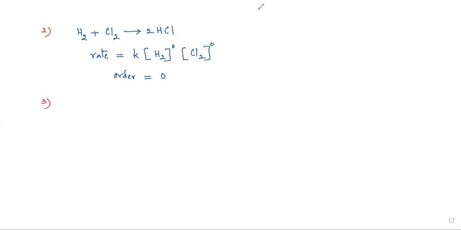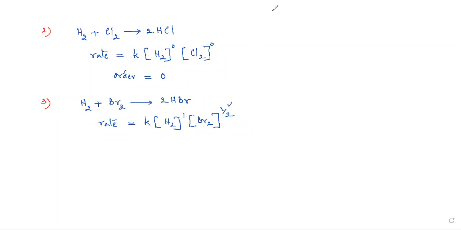Now let me go for the next one. This is much more interesting. For this, the rate expression or rate equation goes this way. See, the power here is half.